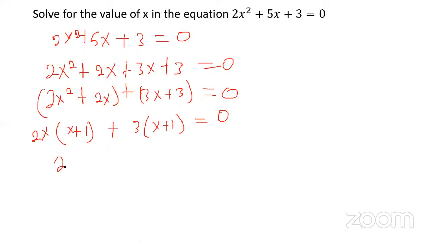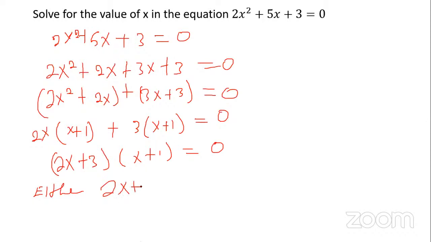So we shall have here 2x plus 3 into x plus 1 equaling to 0. And then this would be the normal. So we say either 2x plus 3 is equal to 0. 2x becomes negative 3.